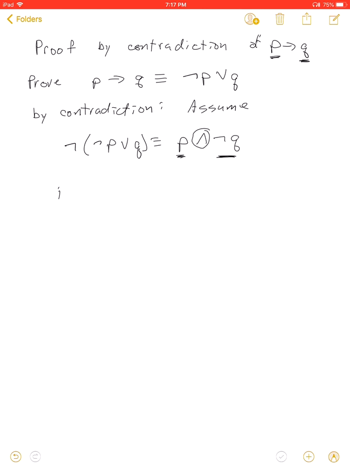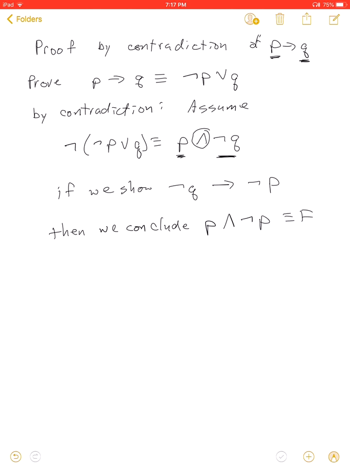Now, if we can show that not Q implies not P, then we conclude P and not P, which is a contradiction, it's a falsehood.